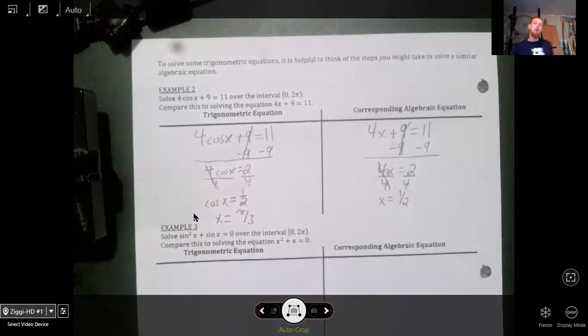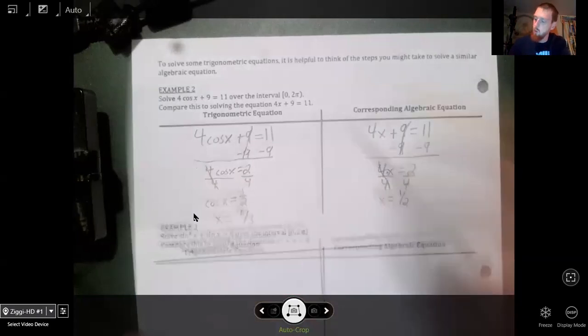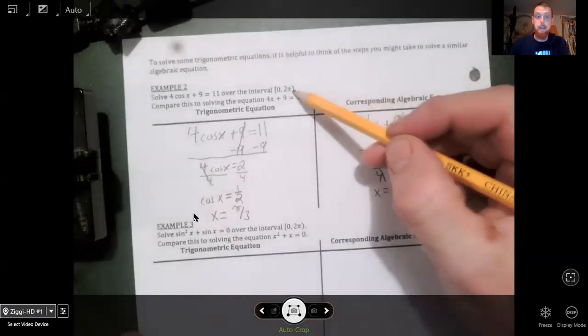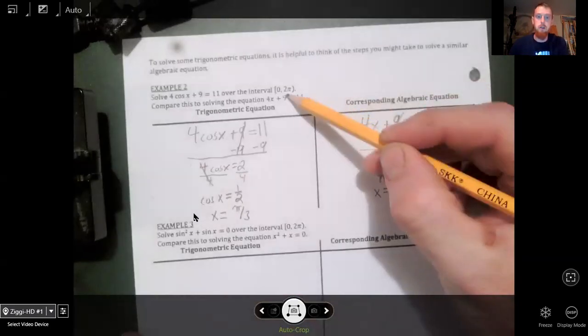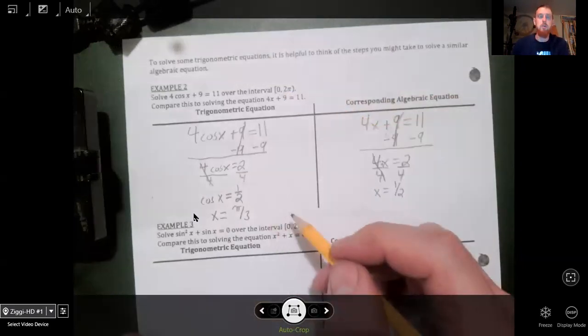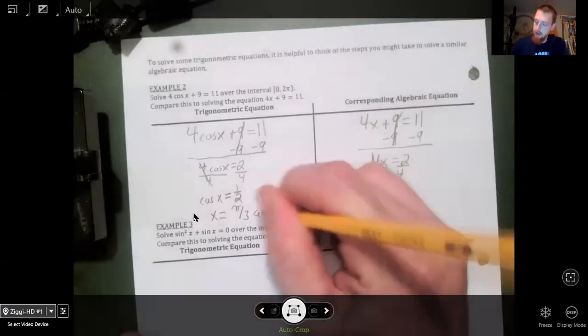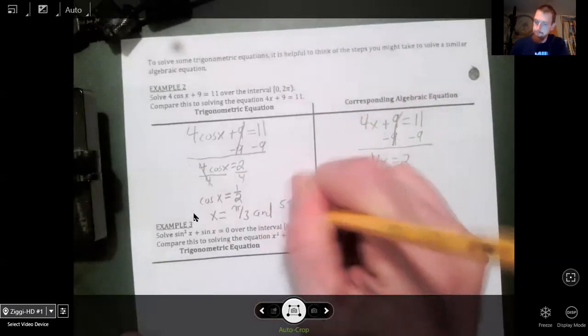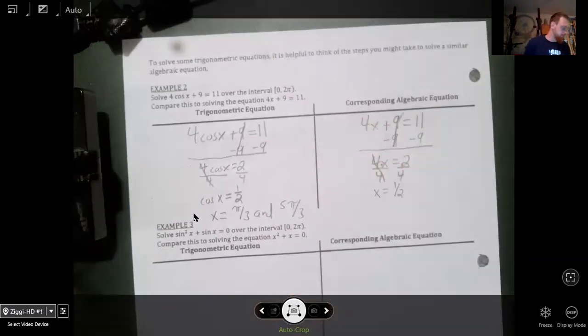And then you say, oh man, this is so easy. Quadrant 4, I can just make it negative pi/3. Well, not so fast, because you want your domain to be from 0 to 2 pi, 0 inclusive to 2 pi exclusive. So negative pi/3, the coterminal angle, if you add 2 pi to that, would be 5 pi/3. There you go.